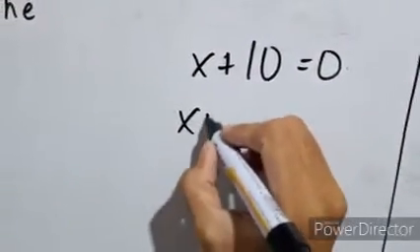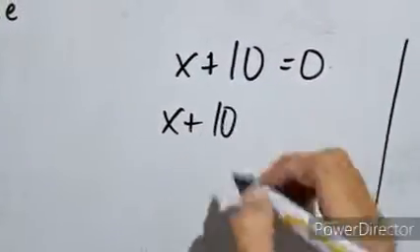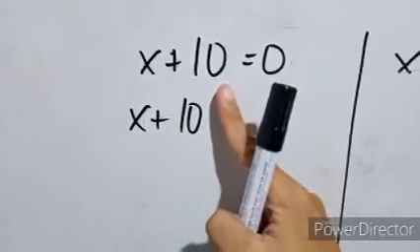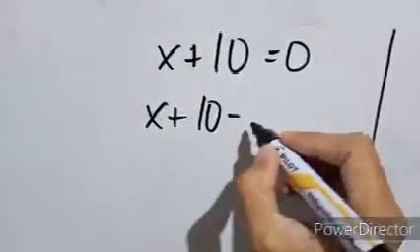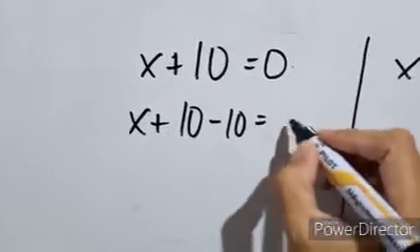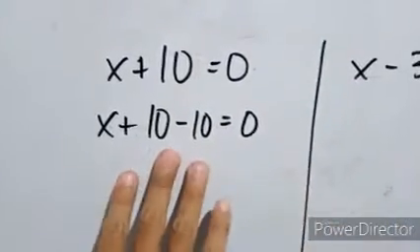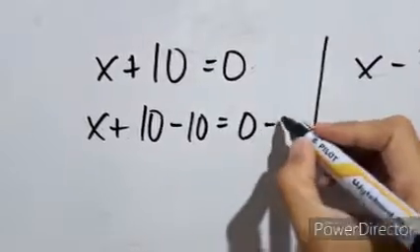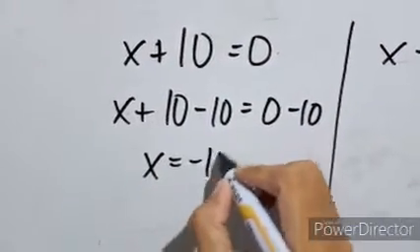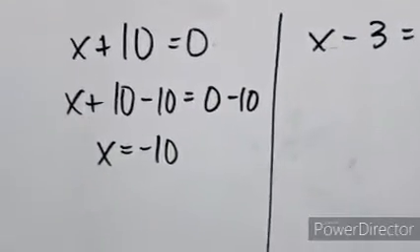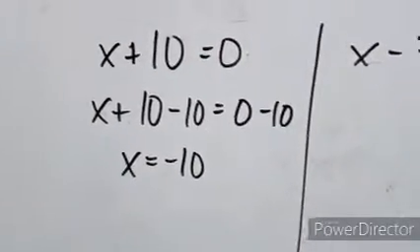Isolate natin si x. X plus 10, anong gagamitin natin dito para mailipat or matanggal yung 10 sa left side? Addition property ulit ng negative 10 is equal to 0. Kung anong ginawa sa left, ganun din sa right. Minus 10. So, sagot natin ay x equals negative 10. So, meron na tayo isang value sa ating variable.